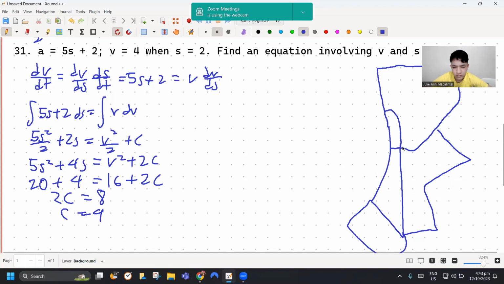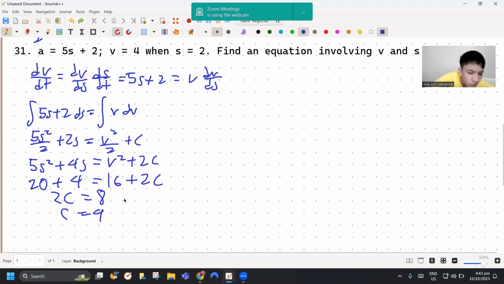Yung substitution, may mali. S equals 2 eh. So 5 times 2 squared, that's 20. 4 times 2 should be 8, not 4. So check your substitution. 5s squared. So that's 5 times 4, yes. 4, 8. 4 times s.